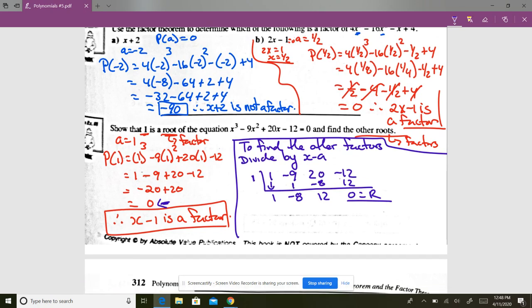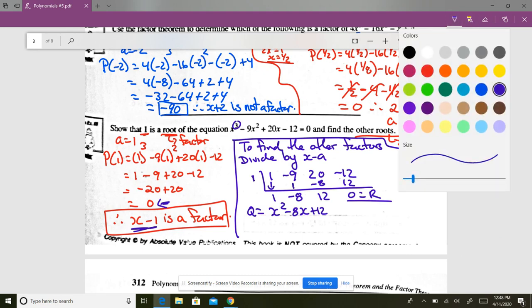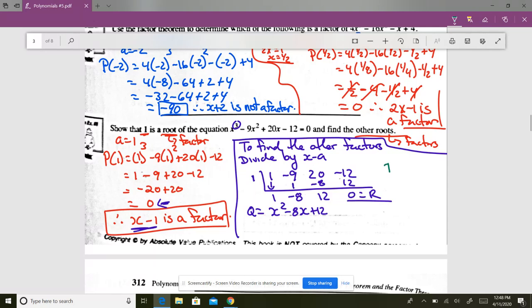And remember, this is a cubic. We're dividing by a linear, so we should get a square. So this is our quotient, which is going to be x squared minus 8x plus 12. We always write things, remember, in this class as d times q plus r.